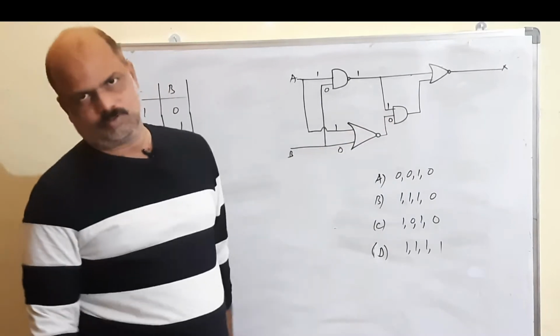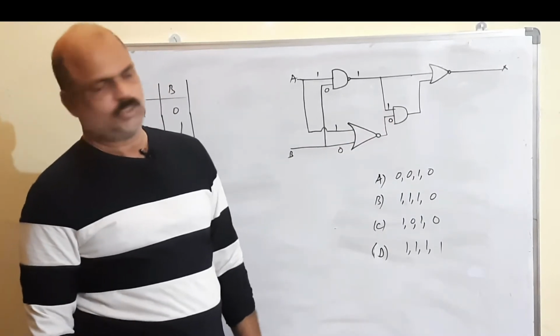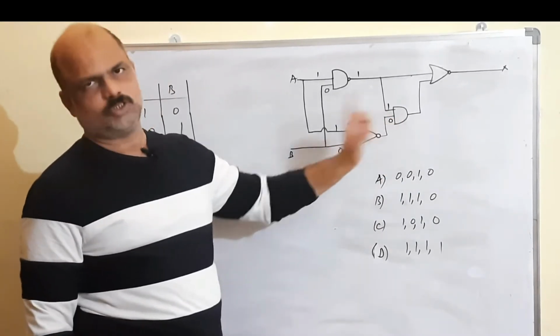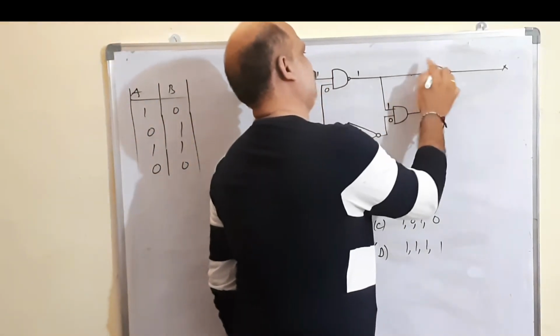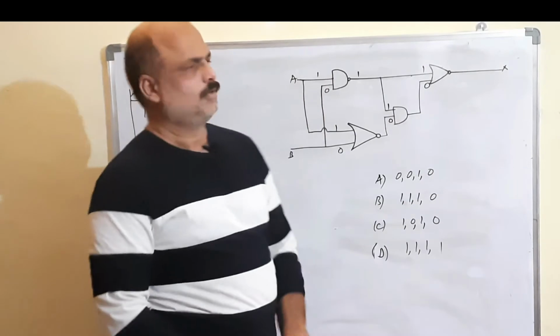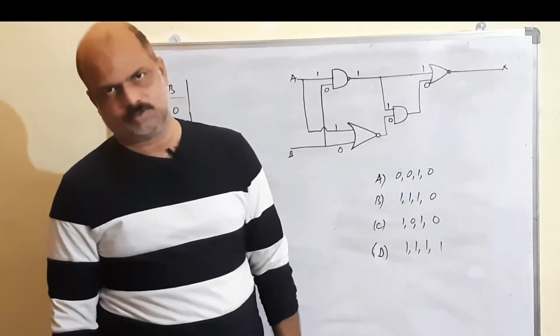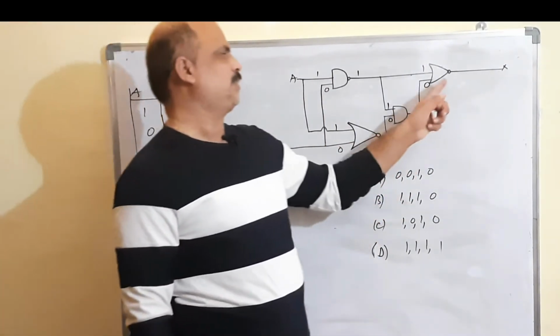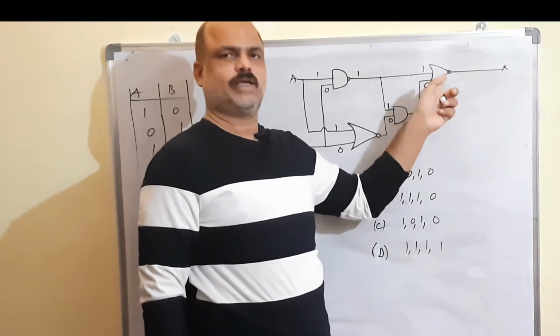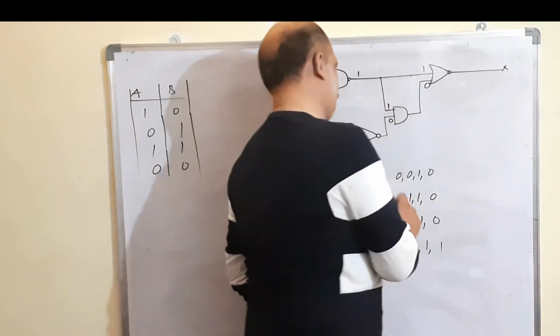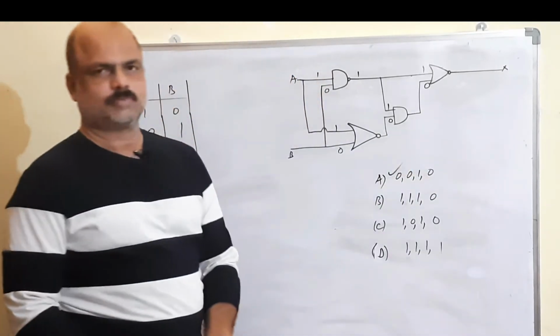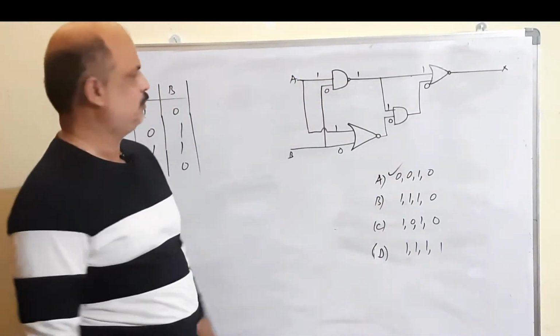Here 1 into 0, 1 into 0 is equal to 0. So this becomes 0. Here 1 plus 0 is 1. The NOR gate is the reverse of the OR gate, so output is 0. So first output is 0.